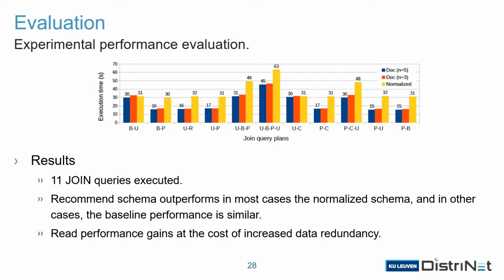But of course, this read performance gain did come at a cost of increased data redundancy, which is typical with data denormalization. But the key takeaway is that we could achieve this schema and this performance only using 3 document collections rather than 5 document collections, which was present in the normalized schema.